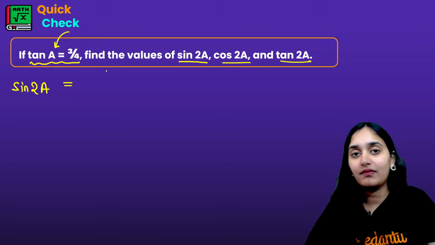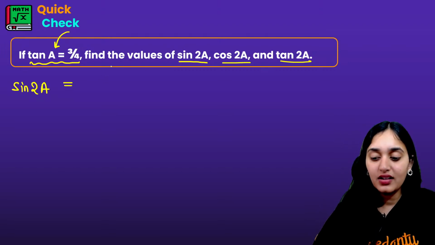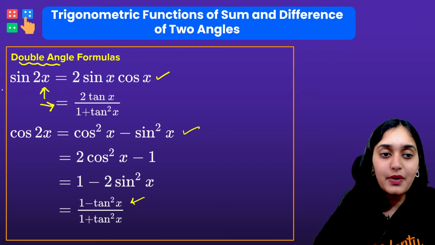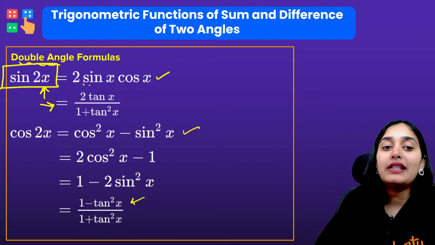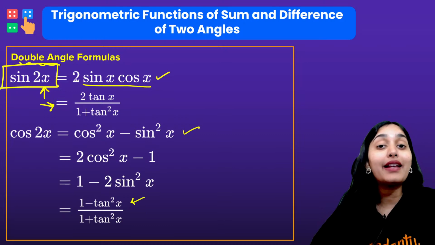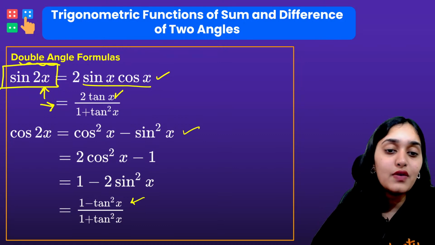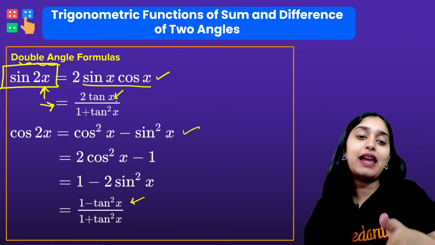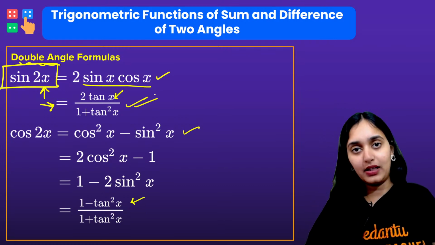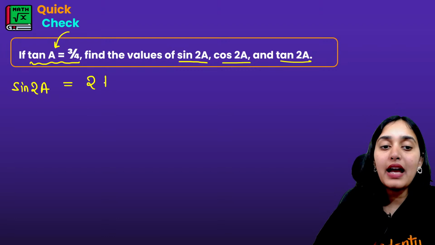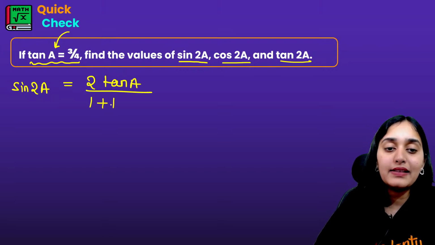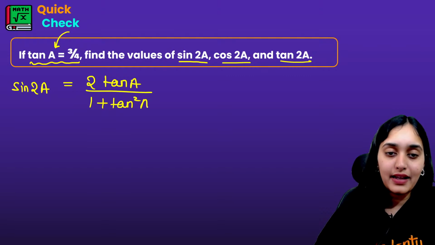Now you will say it is 2 sin x cos x, but in the question they have given you the value of tan A. So we will use this formula. Okay. So sin 2A is 2 times tan A upon 1 plus tan square A.